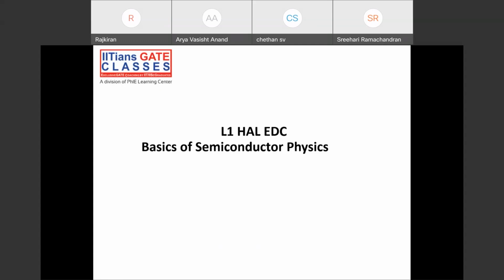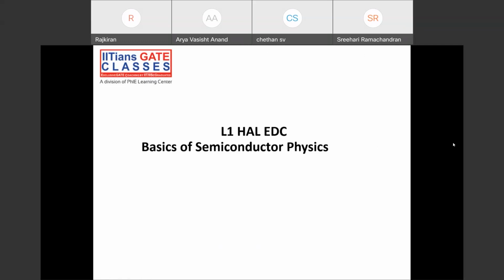Suppose this is my basics of semiconductor class. What is your expectation from this class? Can anyone tell me what you are thinking in your mind? To reduce the power, to increase the efficiency of existing devices by reducing the size and all those things.